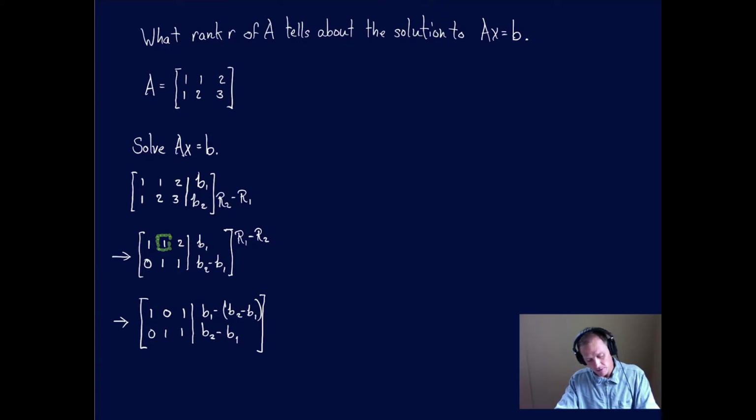Remember that the complete solution, x complete, is comprised of the particular solution plus a null solution, xn. Well, in this case, let's write out our solution. What we do is, remember, we solve for pivot variables.